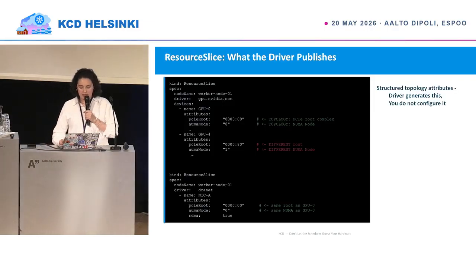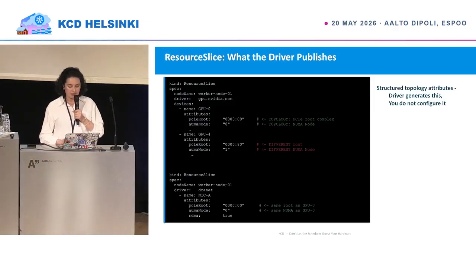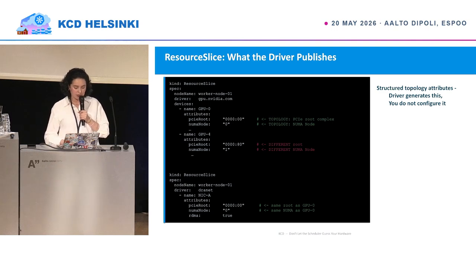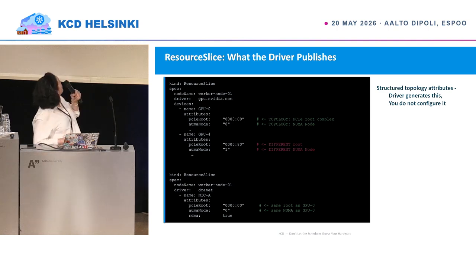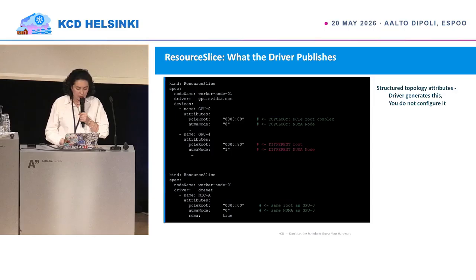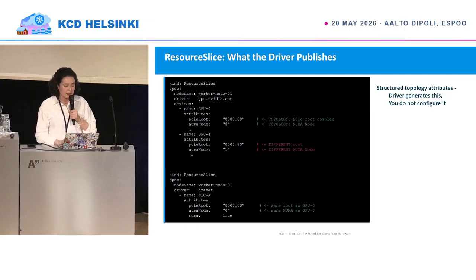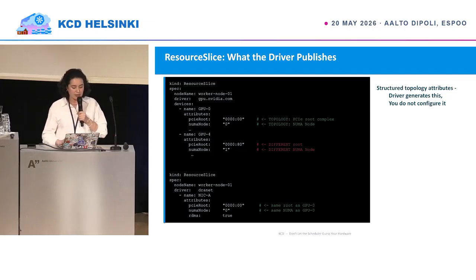Let's take a deep dive, zoom in a bit on the resource slice itself. So instead of saying this node, for example, has X number of GPUs and NICs, the resource slice is describing the different devices via specific attributes. The two GPUs belong to different NUMA nodes. They are on different PCIe roots.